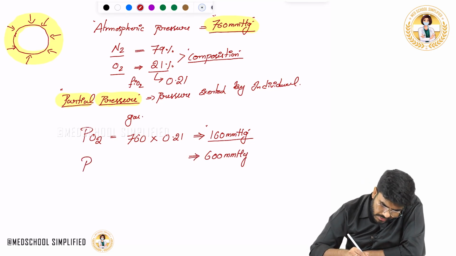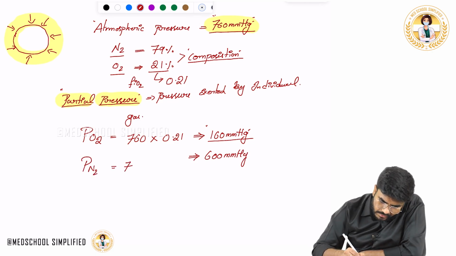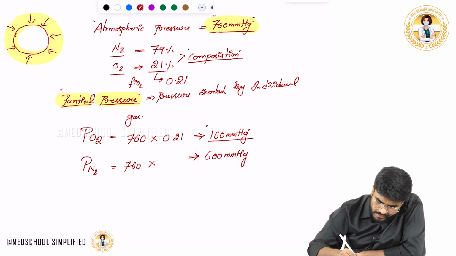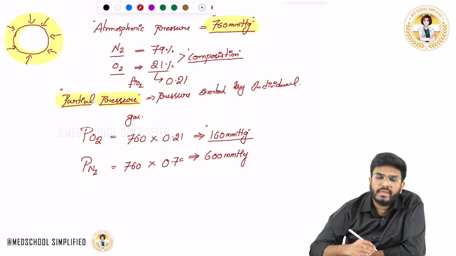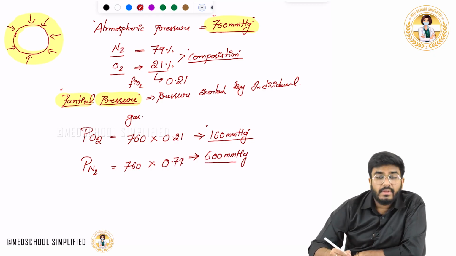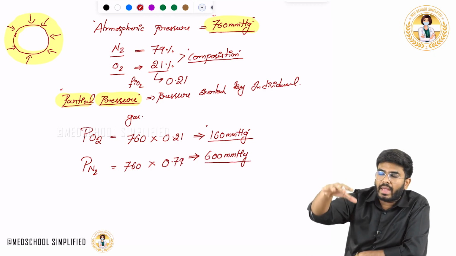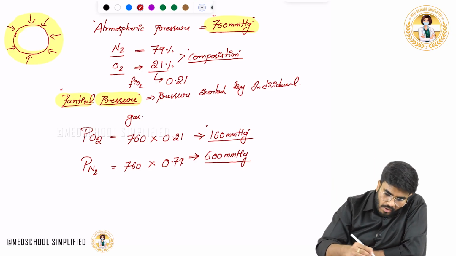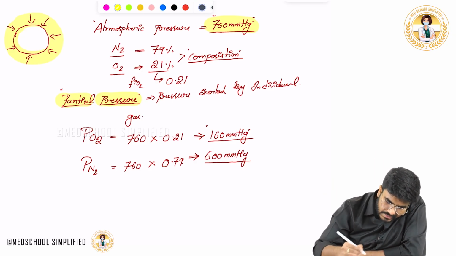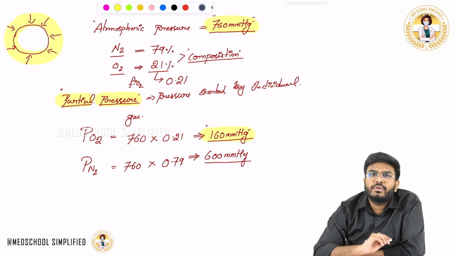It is nitrogen, the partial pressure of nitrogen, which is 760 into 0.79, so about 600. So this is the concept of partial pressure. Oxygen is exerting 160 mmHg, and that's the point which I want you to know.